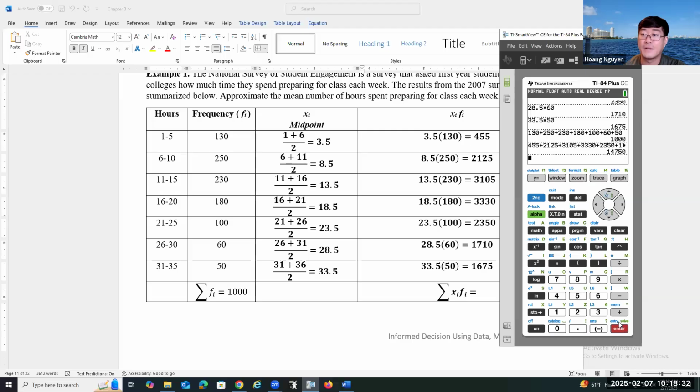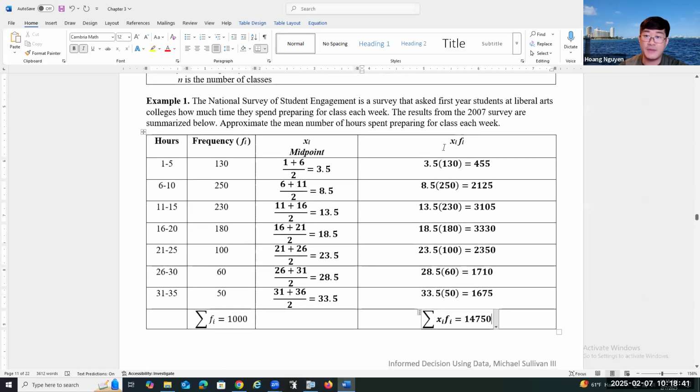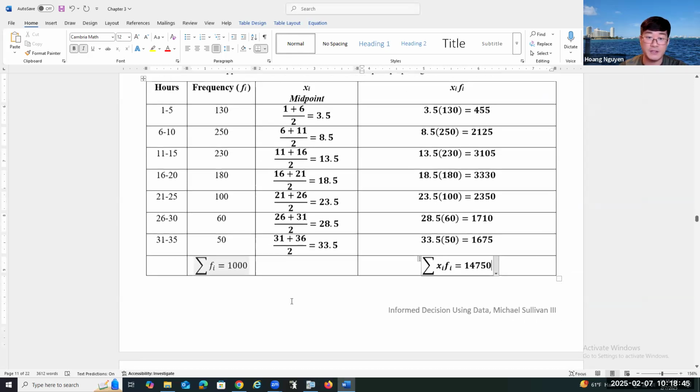Okay, so the total right here is going to be 14,750. So we just got the answer for the summation of xi times fi. We got the summation for fi already.